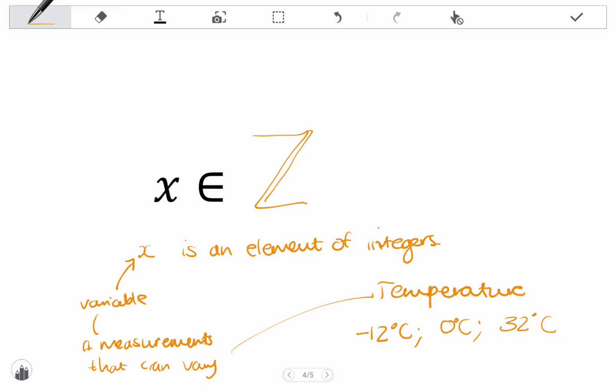Temperature can be measured in decimal form, but we commonly experience temperature as measured like with these numbers. Okay, now what set of numbers are we dealing with? These are integers. Okay, so in the context of temperature, we commonly work with integers.